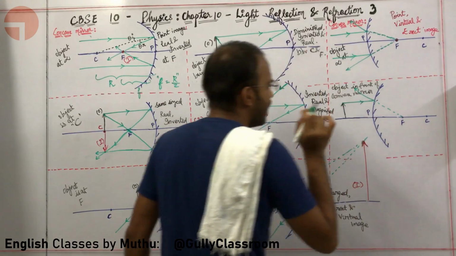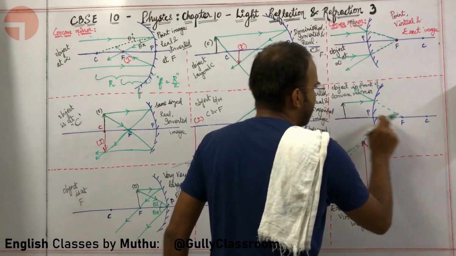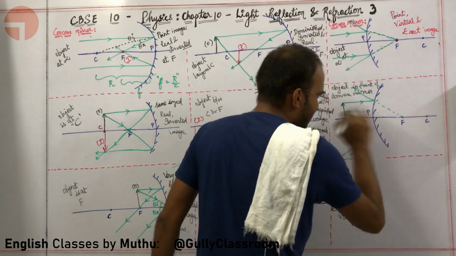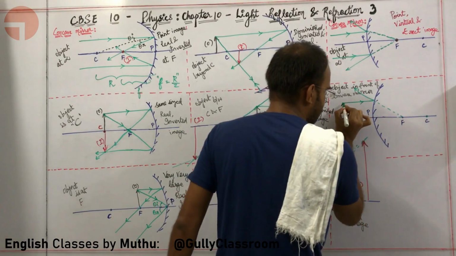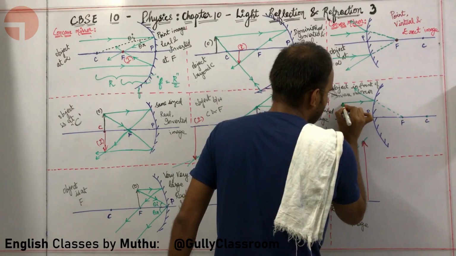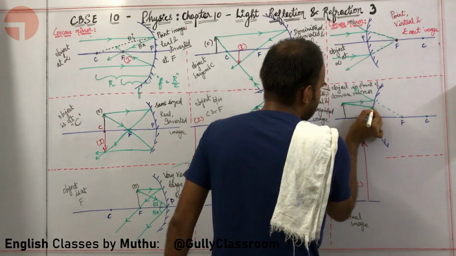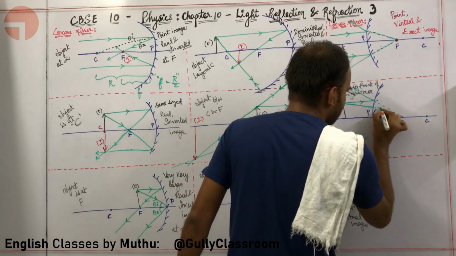Now, what next? I want to put a light ray that is actually passing through C. Imagine this point and this point. Imagine a line passing from here to here. I am going to draw a line joining this point and this point.